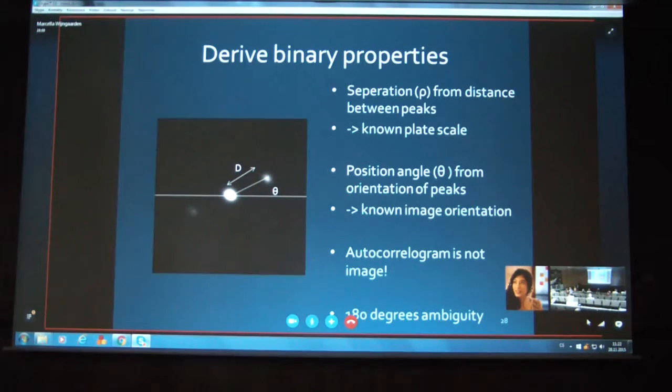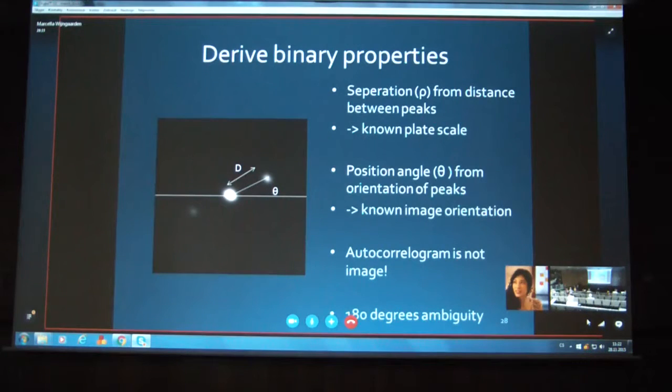So we need to know how many arcseconds are covered by each pixel in the frame. And in the same way, we can derive the position angle from the angle between the peaks. Of course, then the image orientation must be known as well, in order to know which way is north and east and so on in the image.